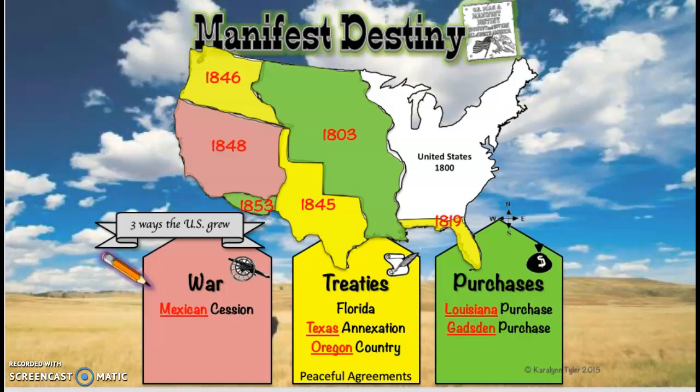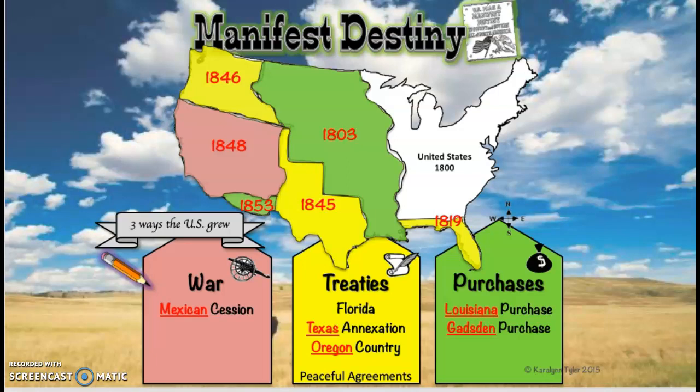So for example, you can see the only red area in the map, which is labeled 1848, matches the color for the war box at the bottom of your notes. The only war we fought to gain land was against Mexico. And so we gained that land through what is known as the Mexican Cession. So you'll color those 2 red.